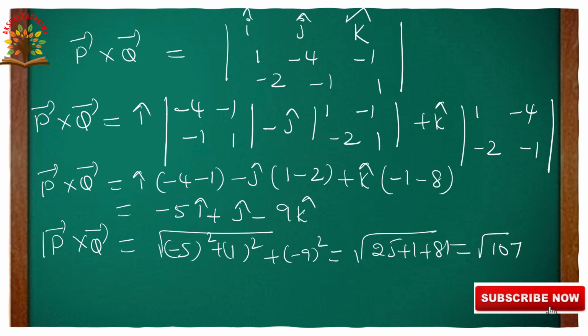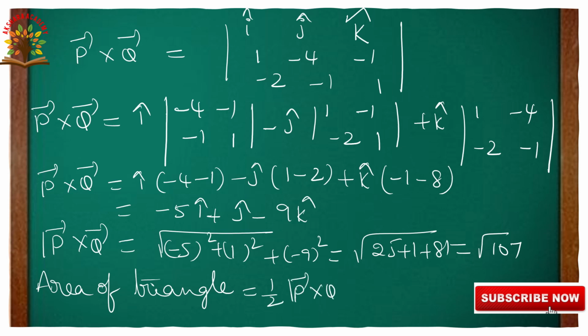So area of triangle is equals to half modulus of P bar cross Q bar, is equals to root 107 by 2. This is the area of triangle.